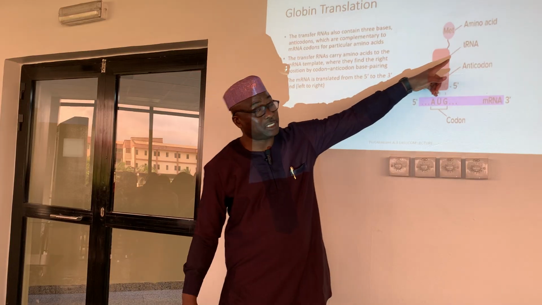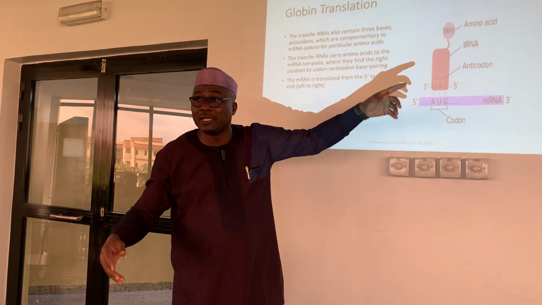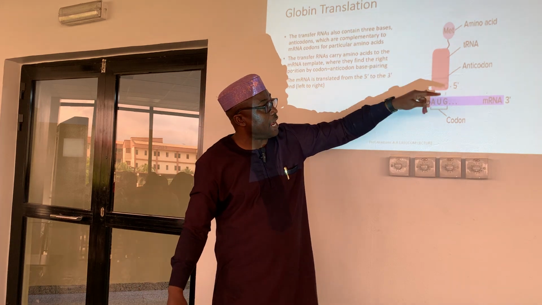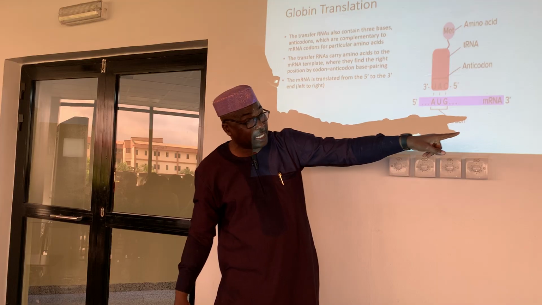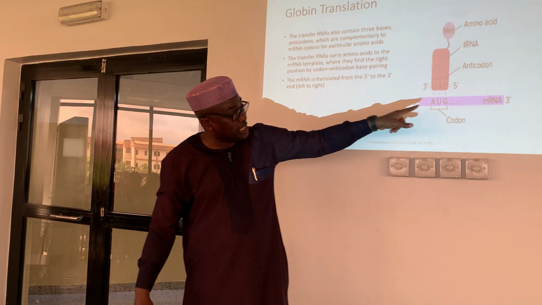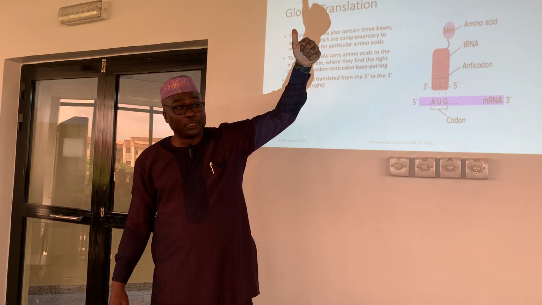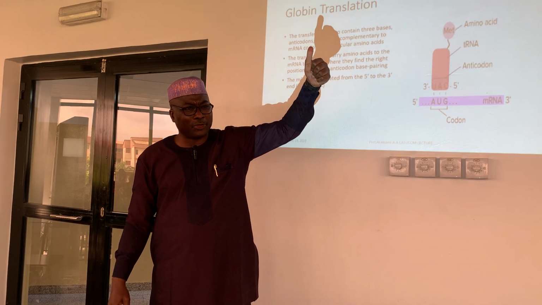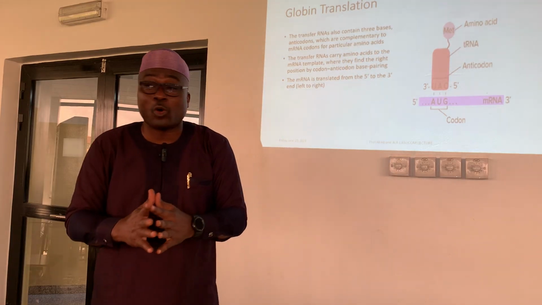So that's what is called transfer. Transfer RNA is an RNA that brings amino acid that has anticodon to a specific codon arrangement on the mRNA that is produced from the nucleus. Is that difficult to understand? Okay, and that's where synthesis.